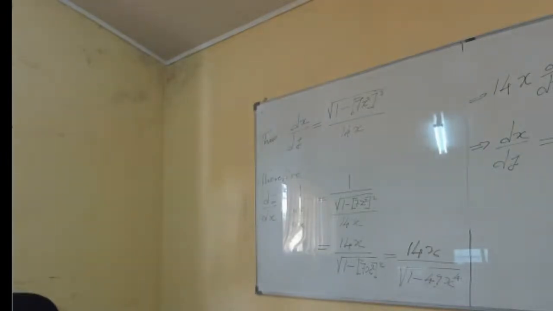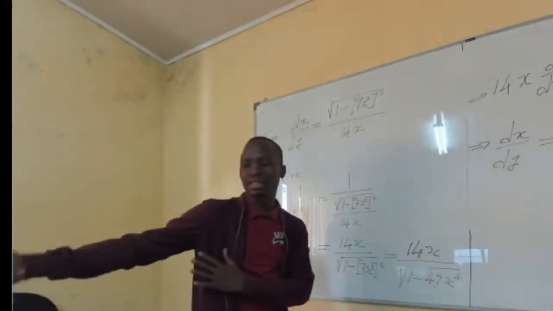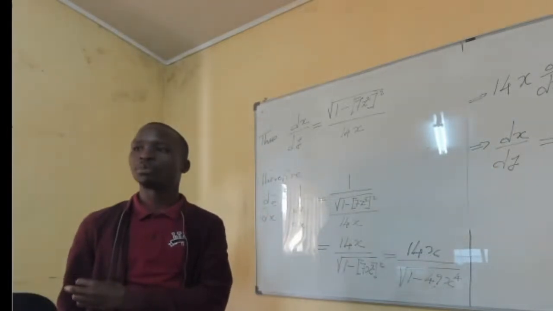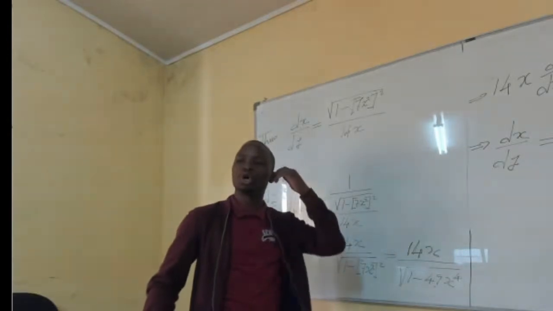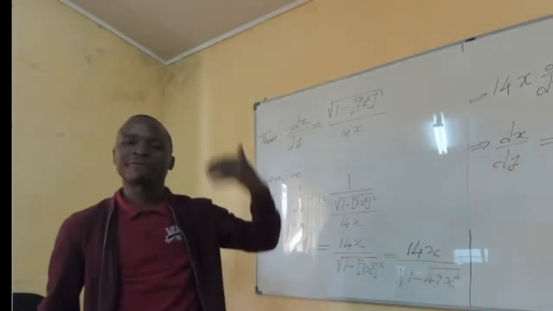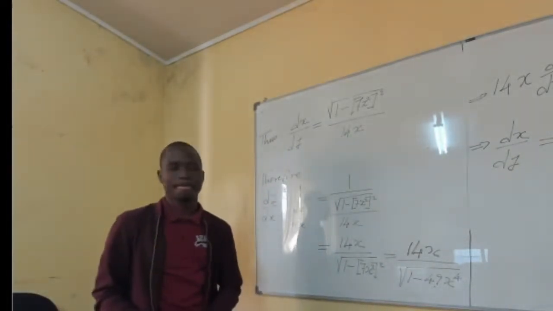So it's saying that you have to show. These are the questions that you're going to find in an exam. They say show that this reduces to this. Then from there they'll ask you another question: hence obtain the differential coefficient of y equal to cos inverse of 1 minus 2x squared, which is just the same as find the derivative of that function. It's one and the same thing.